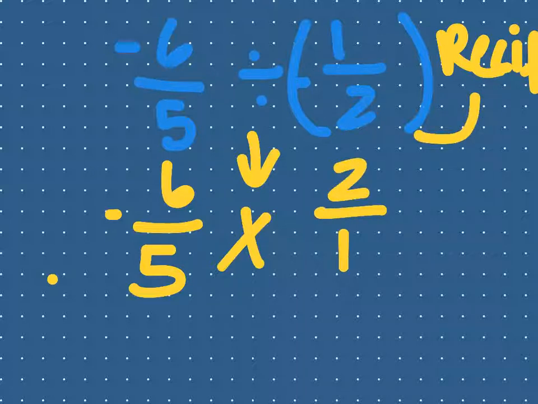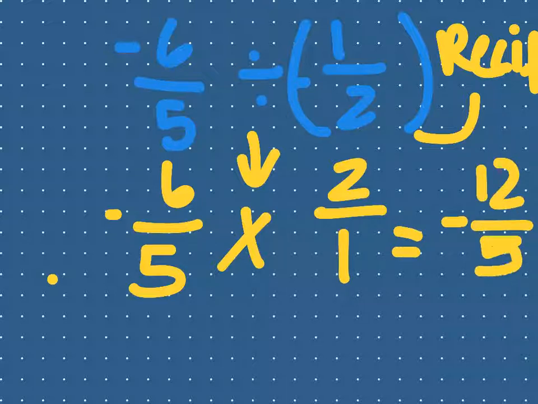Multiply across and we have negative 12 over 5. Did you get the right answer? Great. We also could change the improper fraction into a mixed number, which would be negative 2 and 2/5. Great job, guys.